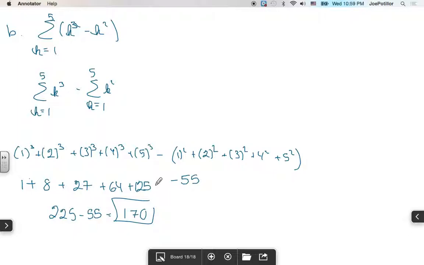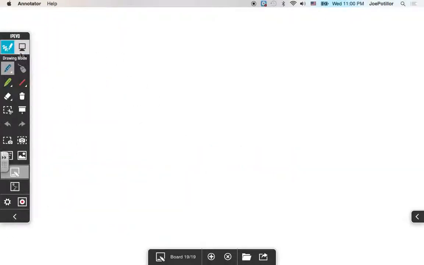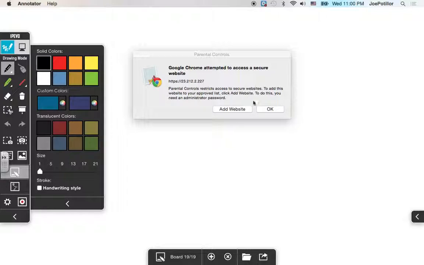Okay. Next point is how to find an infinite sum. So 3 over 10 to the k.